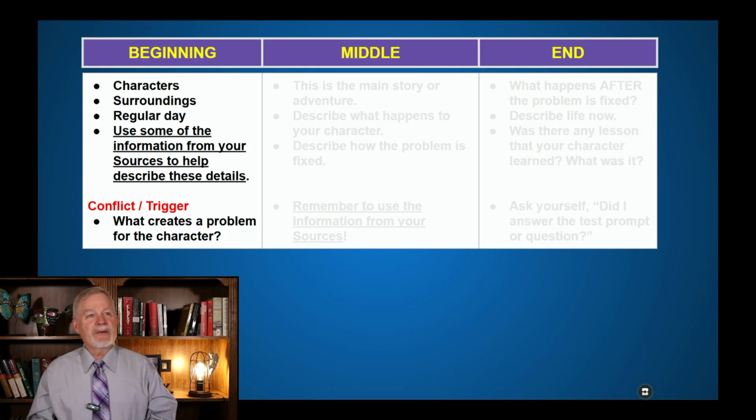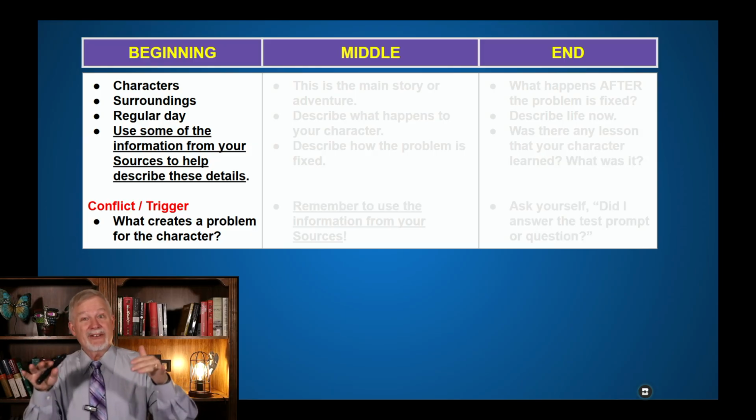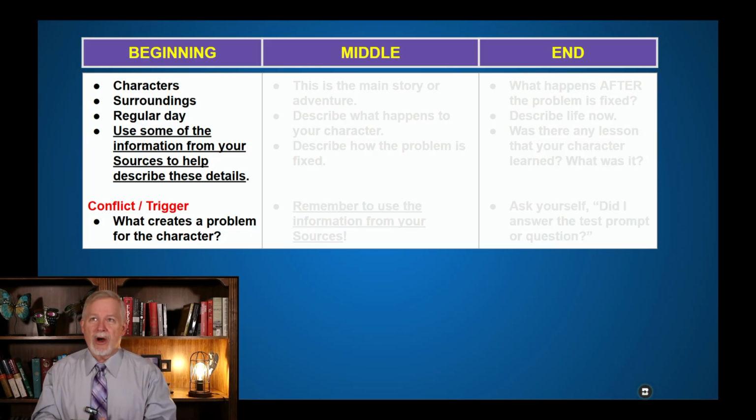You also need to tell me in the beginning part something about their environment, their surroundings. Where do they live? What are they doing? That's that regular day part. What would they do on a regular day? For instance, if I asked you, what would you normally do? Describe for me what you would normally do on a Monday morning before going to school.